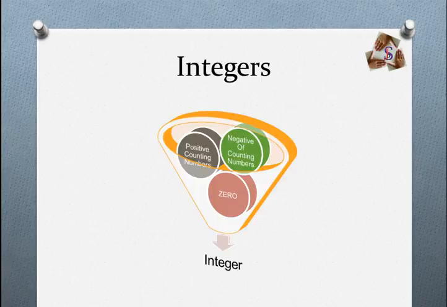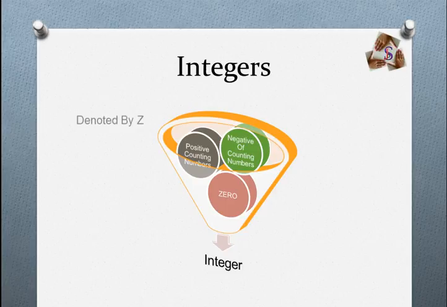Now let us try to understand the meaning of integers. Integers consist of counting numbers, its additive inverse and 0. So when we put the whole numbers and the negative numbers together, the new collection of numbers are called integers.